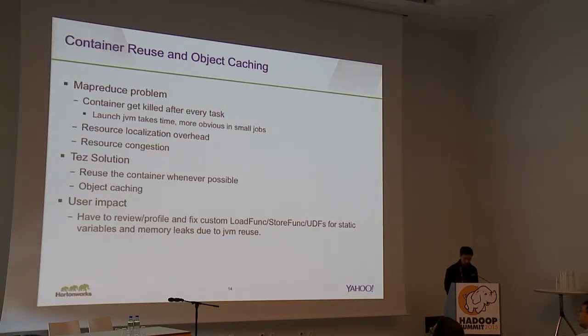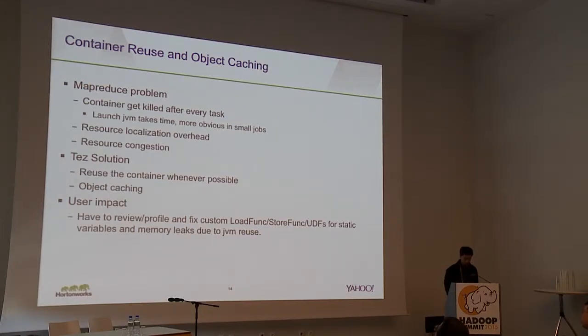With container reuse and object caching, we minimize the cost of killing and restarting the JVM, initializing resources, and competing for resources in a busy cluster. So we see significant speedup for replicate join, and we see an order of magnitude speedup for smaller Pig jobs.